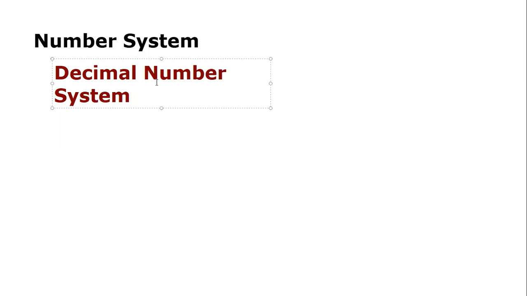We need to understand why we call it decimal and what symbols are used in this number system. These are the main points one needs to understand for any number system, and we are going to discuss them first on the basis of the decimal number system.